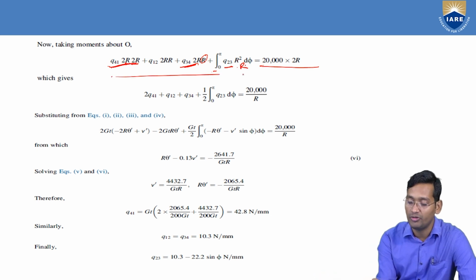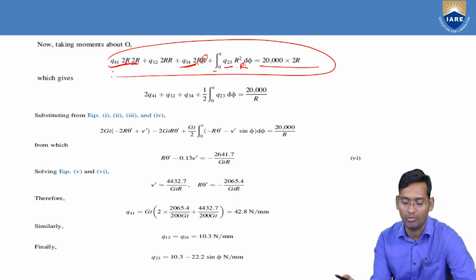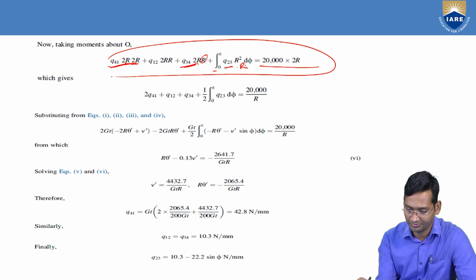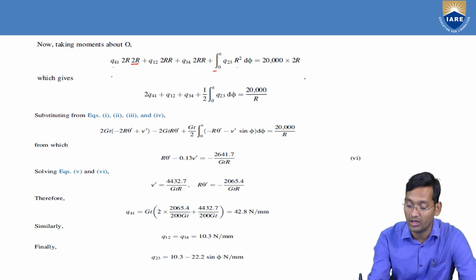So now simplify this one. First multiply and simplify. After simplifying, what will we get? 2Q41, because here 4R square is there, so we can take 2 as common. With every term R square is there, so we can take that common. I'm taking 2R square common.